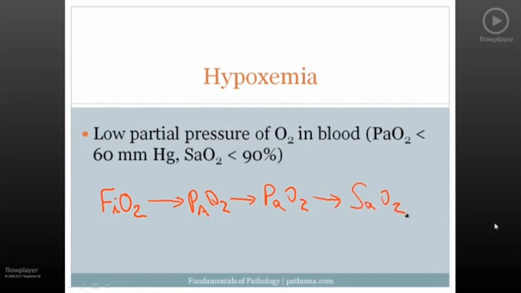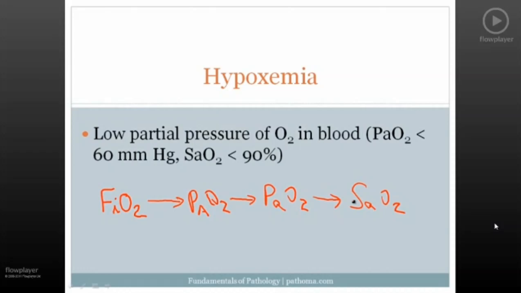So this is the sequence of how oxygen is squeezed eventually into hemoglobin. The FiO2 results in a PAO2, the pressure of oxygen within the alveolar airspace. That squeezes oxygen across the barrier into the blood, which creates a PaO2 in the arterioles. And then that squeezes oxygen across the red blood cell membrane into the red blood cells, which then creates an SaO2.